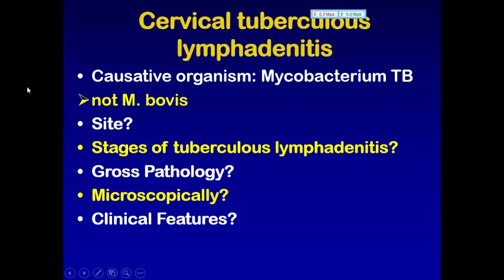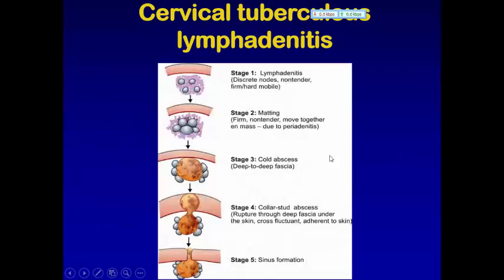What about the stages of tuberculous lymphadenitis? This diagram and this picture describe the stages. Stage 1 is the stage of infection and adenitis. This is the lymph node, this is the deep fascia, this is subcutaneous tissue, and this is the skin.